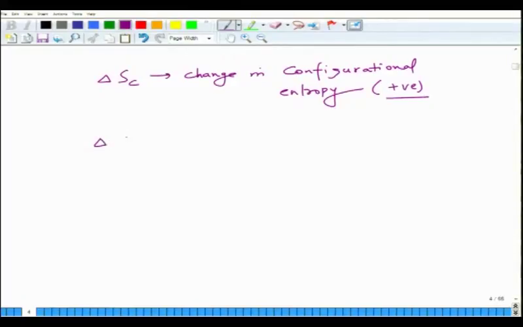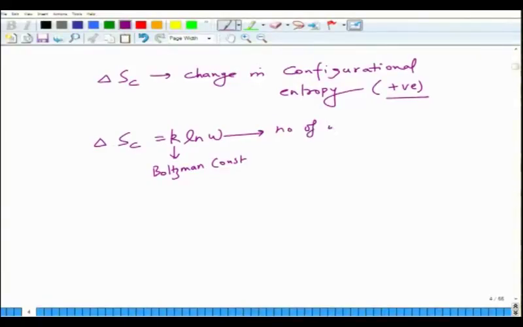So, delta SC is equal to small k ln W, where k is the Boltzmann constant, and W is the number of ways in which atomic configurations can be created after you introduce a vacancy.